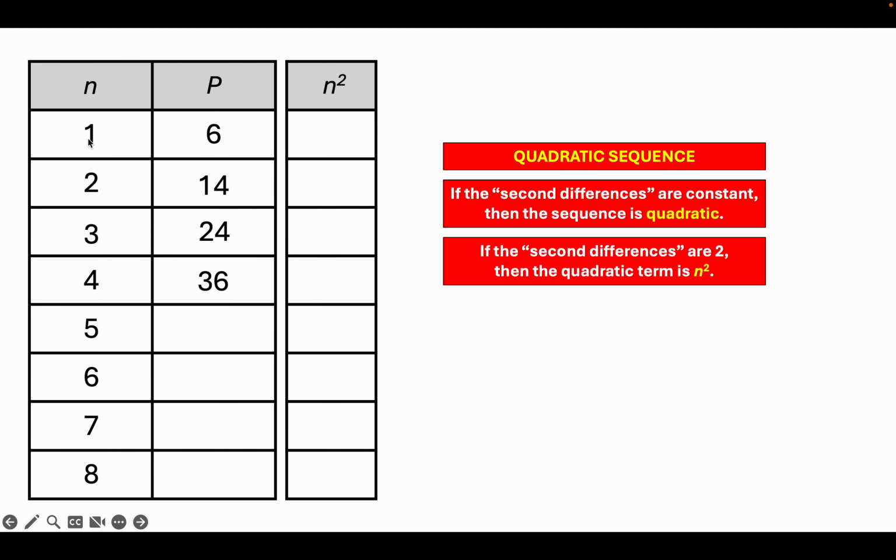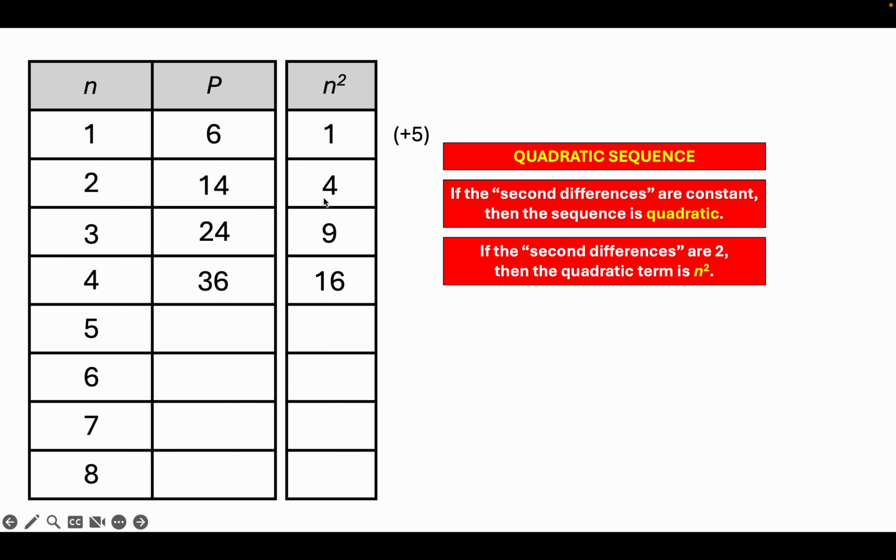When n is 1, I would get 1 squared, which is 1. When n is 2, I would get 2 squared, which is 4. When n is 3, 3 squared, which is 9. And when n is 4, 4 squared, which is 16. Comparing those to the numbers I actually want for the P sequence: to get from the 1 to 6, I'd need to add 5.